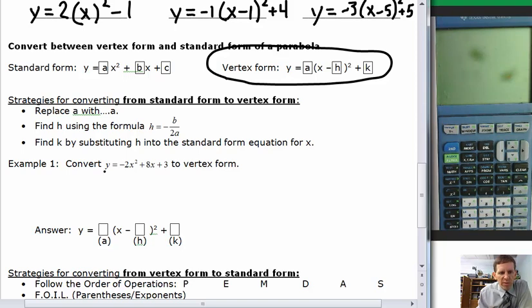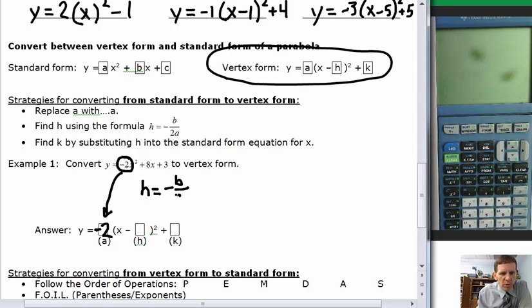For example, if you have y equals negative 2x squared plus 8x plus 3, how do you get this in vertex form? First of all, we replace the a with the a value in this problem. It's negative 2. That's just going to go right out in front. Whatever a is just goes right there. For h, we're going to use the formula which we used the other day, negative b over 2a.